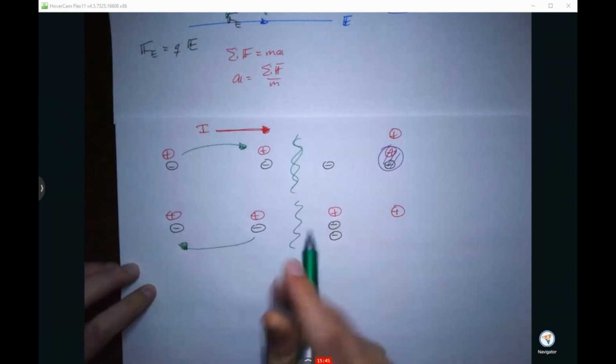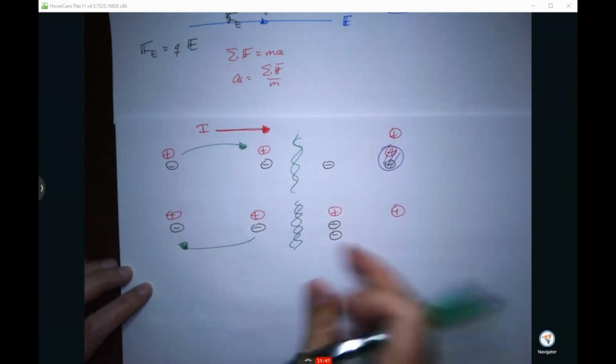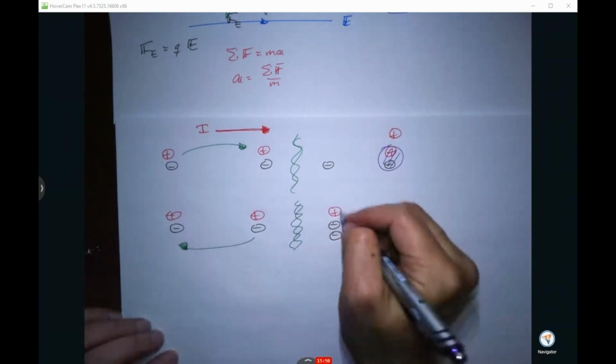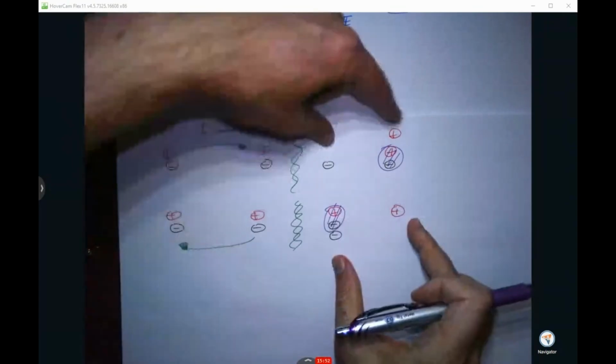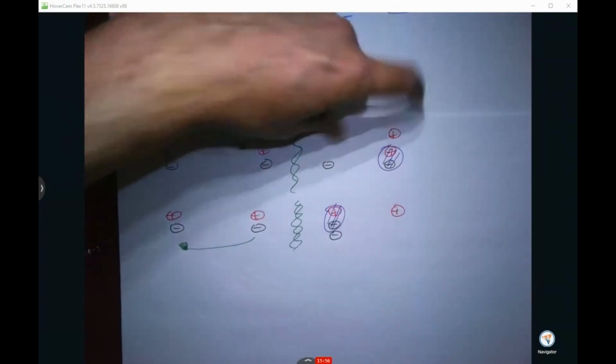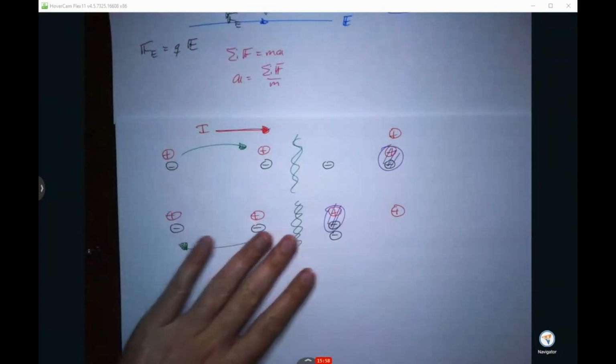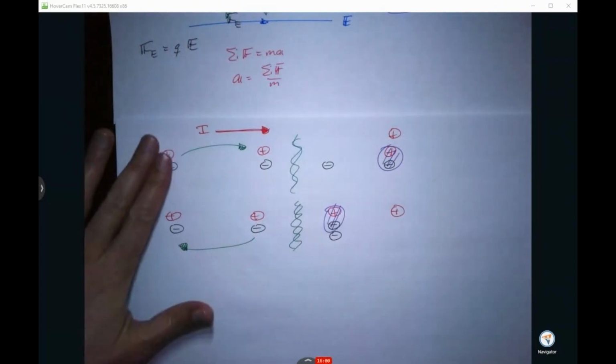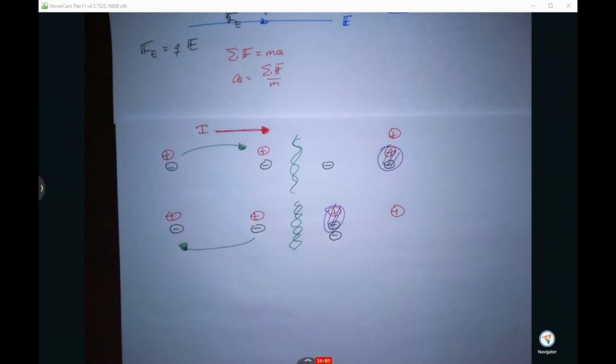And so what we end up with, in moving the negative charge to the left, is the same configuration as we had when the positive charge moved to the right. So having negative charges move to the left is equivalent to having positive charges move to the right.